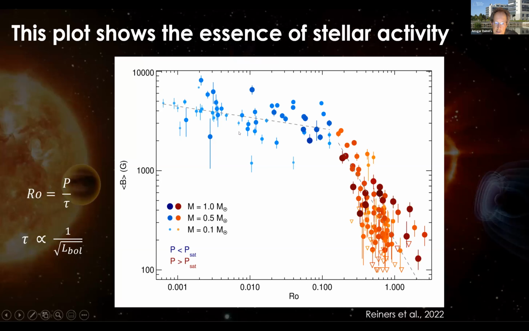And then the size and brightness of the symbols goes with stellar mass. So we have a wide variety of stellar masses here, including 1 solar mass stars, and down to like 10% of solar mass. And we will see that distribution later. And so what I'm arguing is that we have one group here. These are the rather slow rotators where the dependence on rotation is a lot steeper.